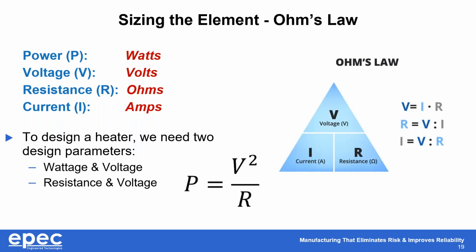So for us to move forward and give you a certain wattage or performance of a heater, we need 2 of the 3 variables here in this triangle. If you're unable to provide this information, we can work with you to better understand what you're trying to accomplish and suggest an operating voltage or a power requirement that would be appropriate for your design.